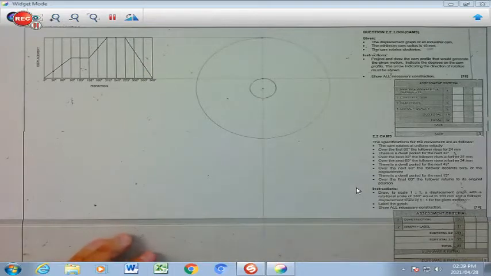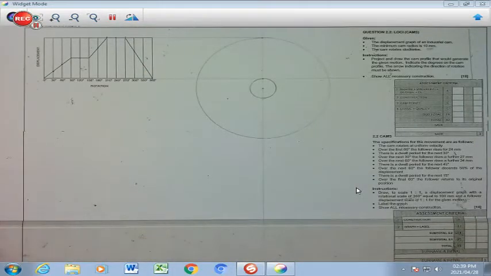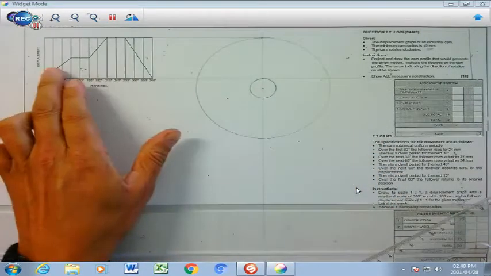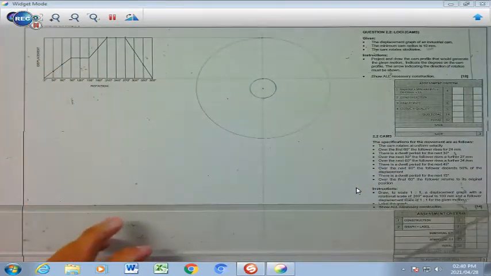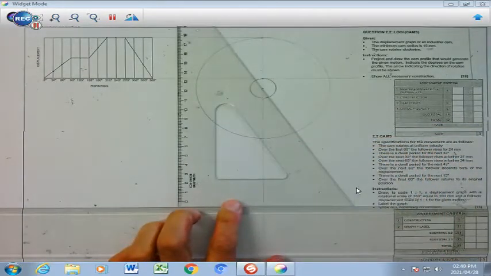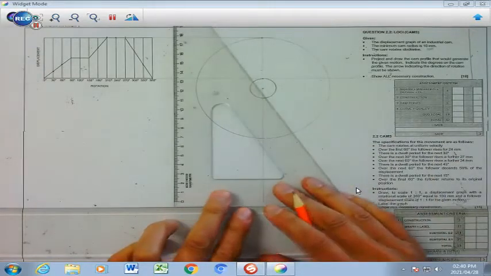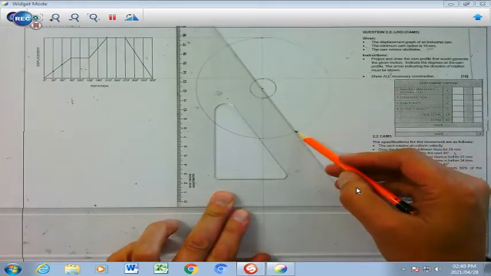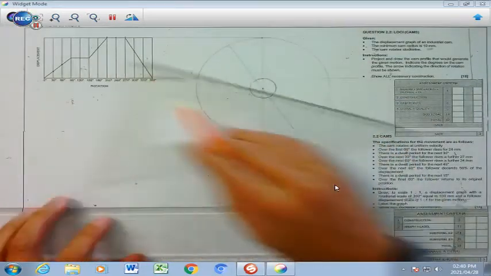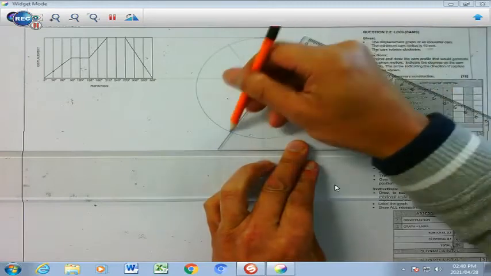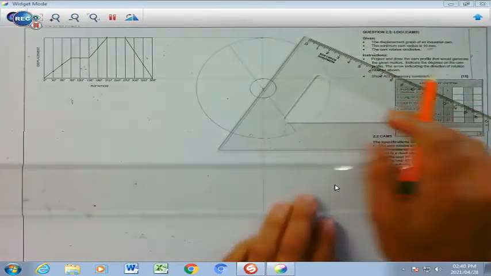There we go. Then the next step is I am going to divide this into 12 spaces, similarly like the 12 spaces on my cam displacement diagram. For that, I'm going to use my 30 and 60 degree set square through my midpoint. That's going to be my midpoint, so there's my first one. At 60 degrees, I'm going to turn it, move it up on my T-square and draw another division like that there.